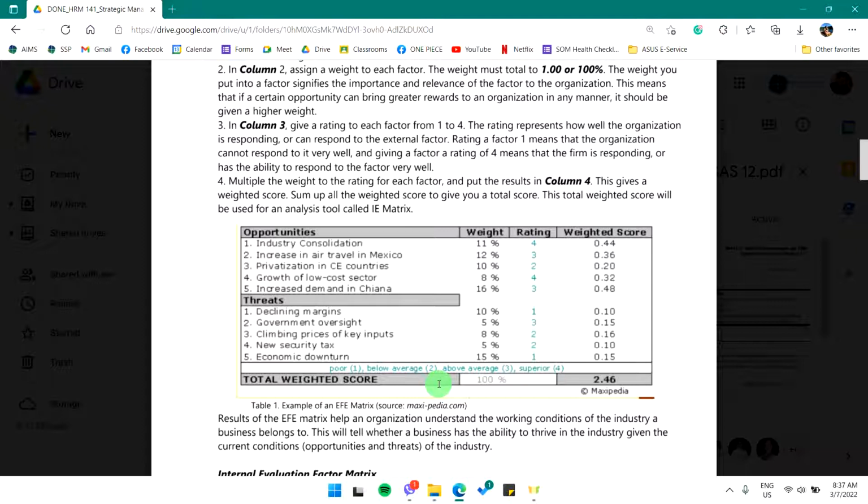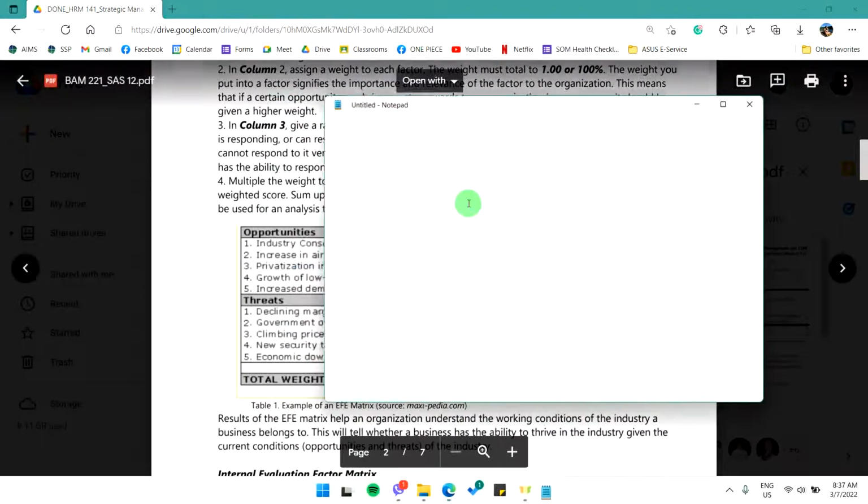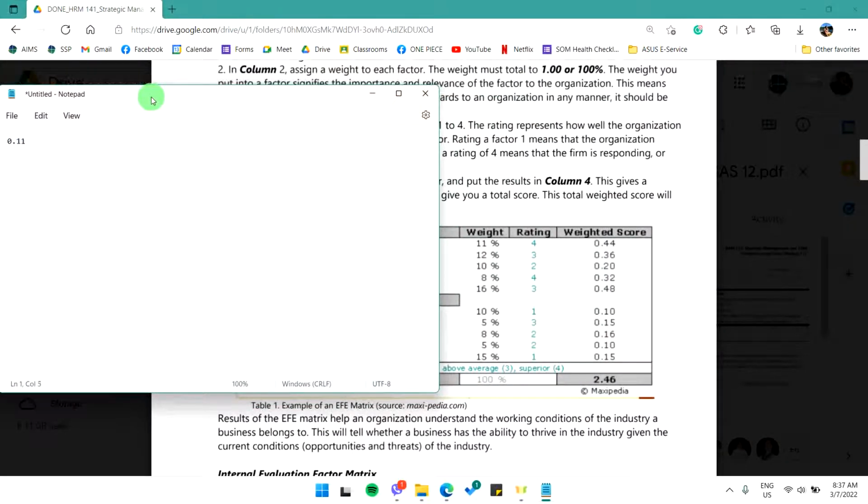So, let's say for example, this 11% can also be weighted as 0.11, and 0.12 for 12%, 0.1 for 10%, 0.08 for 8%, and 0.16 for the 16%. Tingnan natin kung this will all add up to 1, ha?